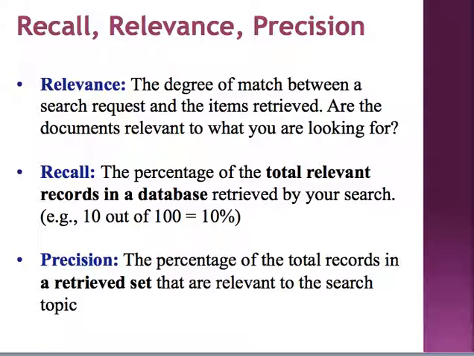And so that would be how precise that search was. Based on what you turn up, you might want to change your search. If there aren't enough relevant documents, then your search needs more precision.